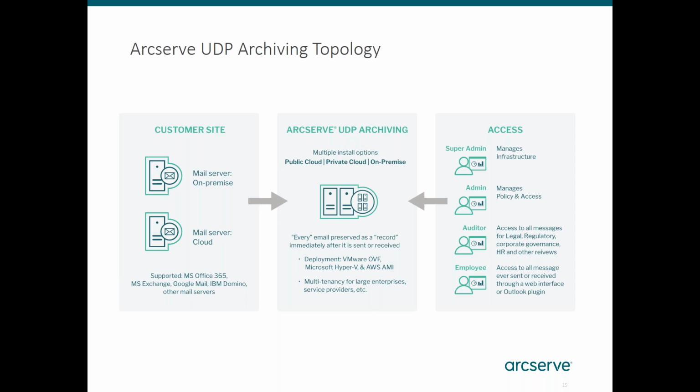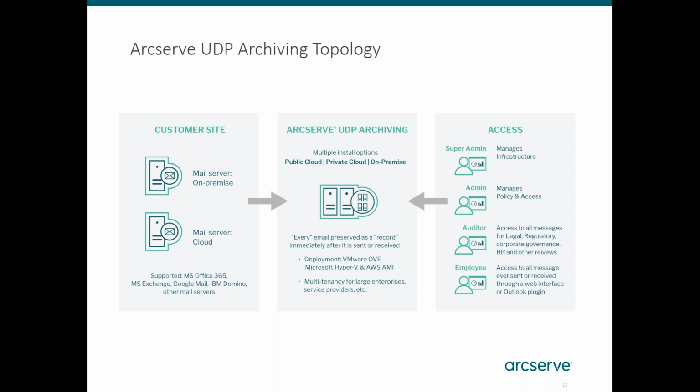The mailing system is listed here on the left-hand side, and it can be anything between Office 365 and conventional Microsoft Exchange. Also Google Mail, IBM Domino, as you see here, and in fact it can be any other mailing system as long as you can configure this forwarding rule, journaling forwarding rule.